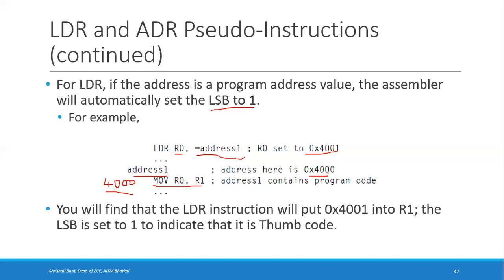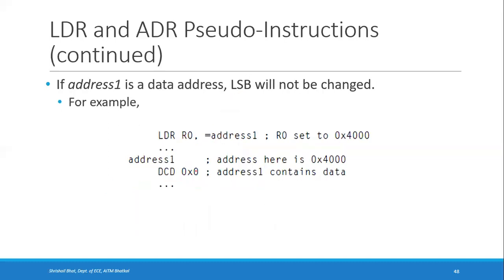So with LDR, when you use equals and a label, you are going to copy a 32-bit address into R0. It's like loading a 32-bit immediate data into R0 using this particular pseudo instruction. But if address 1 pointed to some data, for example DCD 0x0, where DCD stands for define constant data, it's not an instruction like MOV. It's a directive which indicates some data.